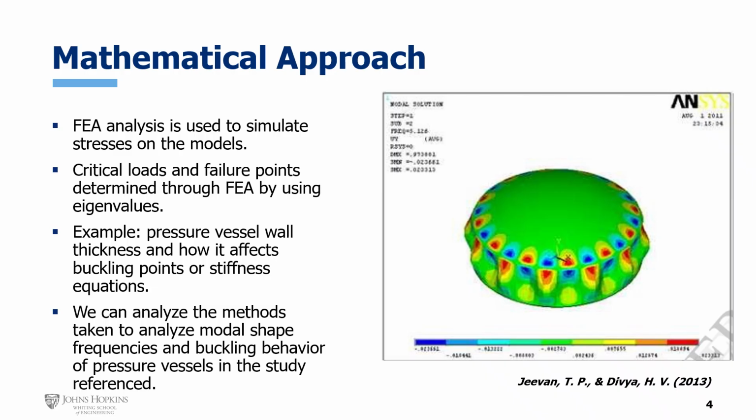They go hand in hand and directly correlate to each other, and we find these values through stiffness equations. So with FEA, we can analyze these types of things, and then we can analyze the methods taken to analyze modal shape frequencies and buckling behavior of pressure vessels.